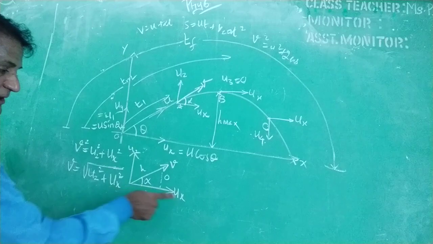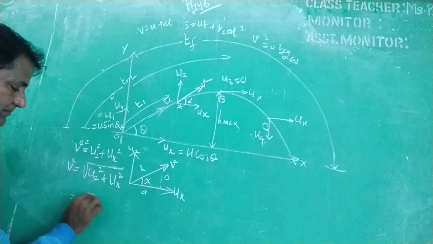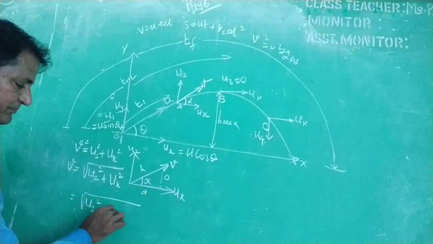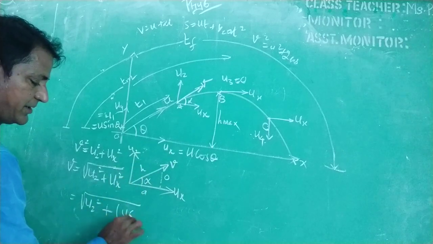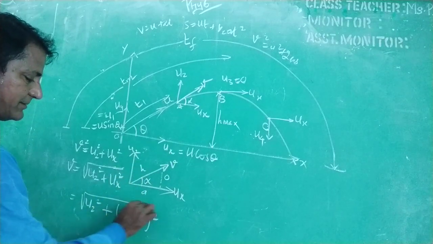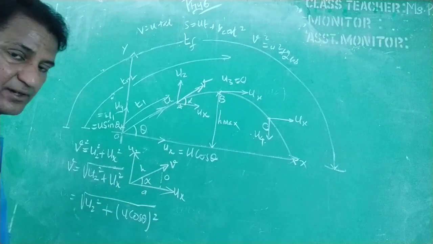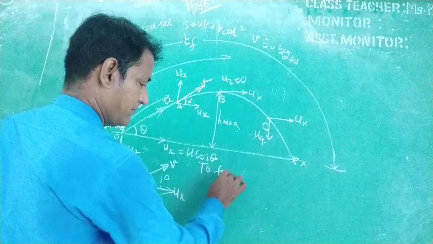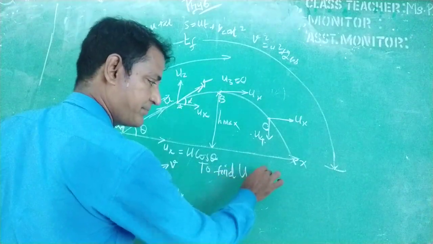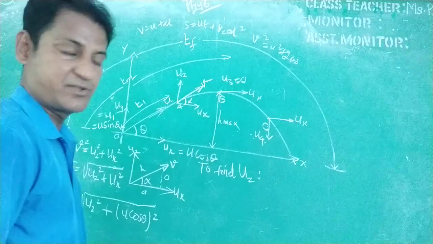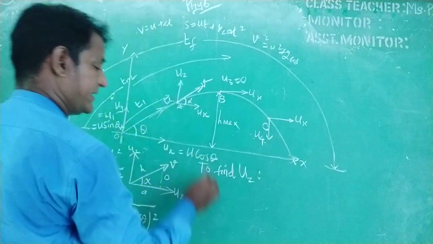Now you know the value for ux. It is nothing but u cos theta, that whole square. Now what is u2? To find u2, we have to go for the equation of motion, v is equal to u plus at.